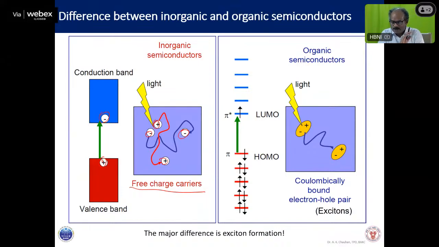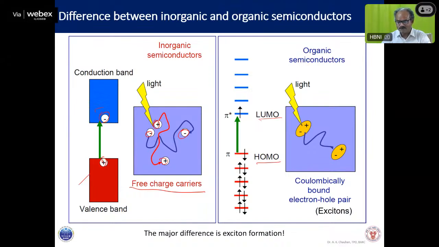However, the thing in organic semiconductors is different. As I already said, in place of the valence band and conduction band, you have HOMO and LUMO. This is a small chunk. If you can recall the first lecture and the initial part of the second lecture, where we tried to explain how the bands are formed, the width of the band depends on how many molecules are there in that ordered structure.